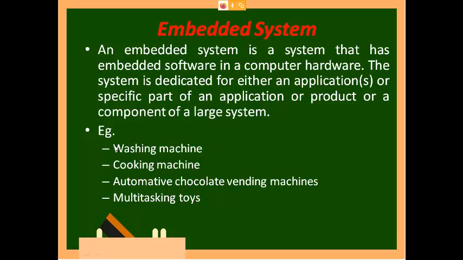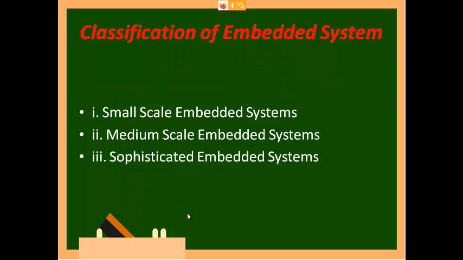Examples of embedded system products are washing machines, cooking machines, automatic chocolate vending machines, and multitasking toys that jump, rotate, crawl, move forward and backward. As for the classification of embedded systems, there are three types: small scale, medium scale, and sophisticated embedded systems.